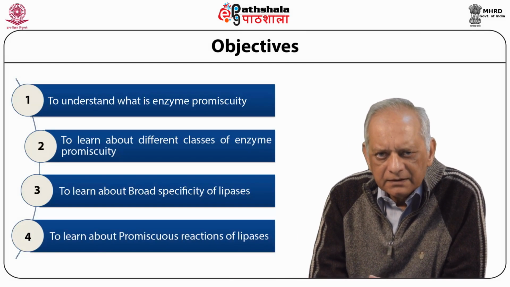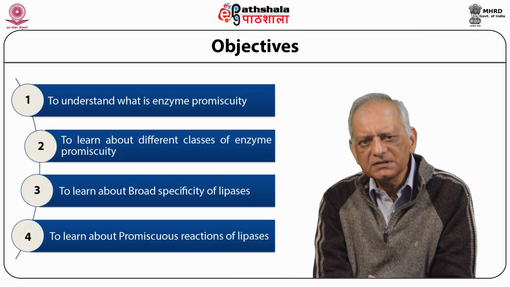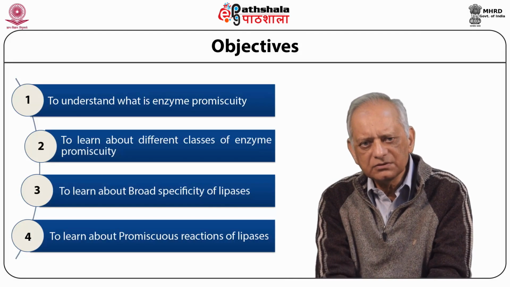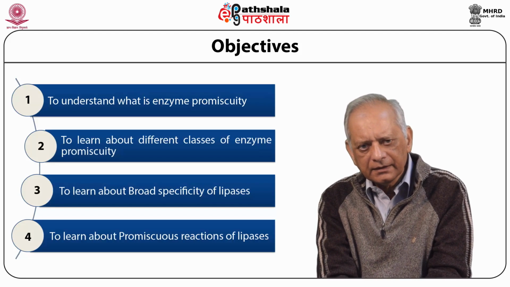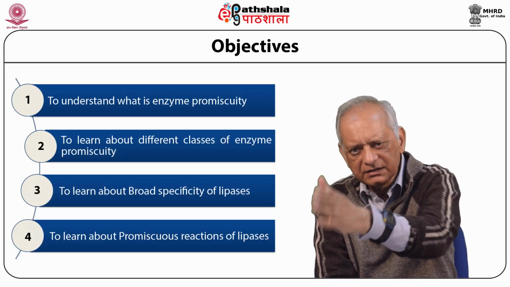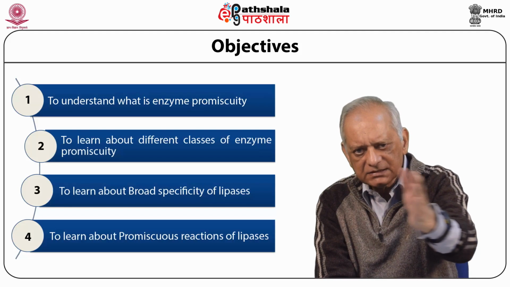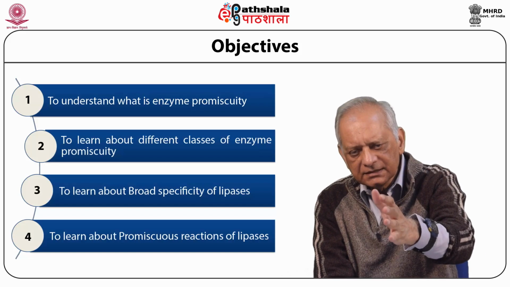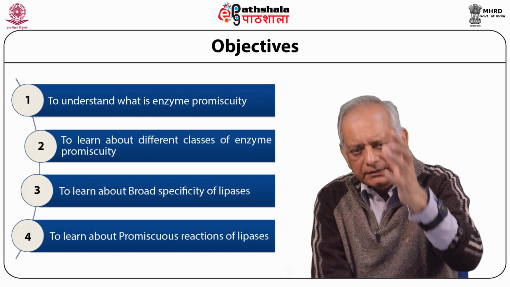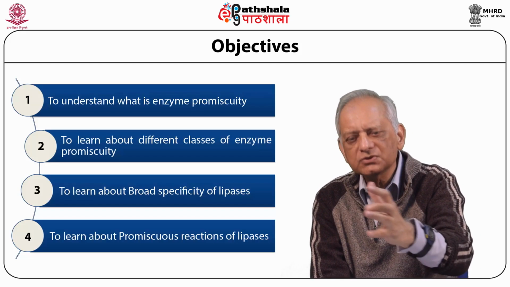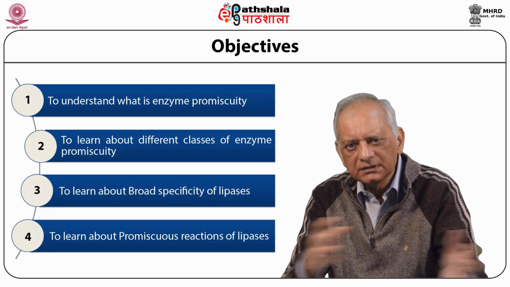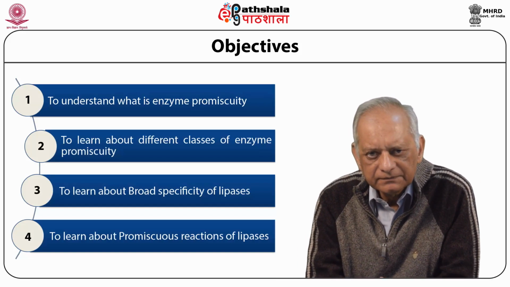So the concept map is very simple: we learn about enzyme promiscuity in general, and substrate promiscuity, catalytic promiscuity, and condition promiscuity as its three classes, but we discuss all this in the context of the promiscuity of lipases, because this whole paper is about lipids.